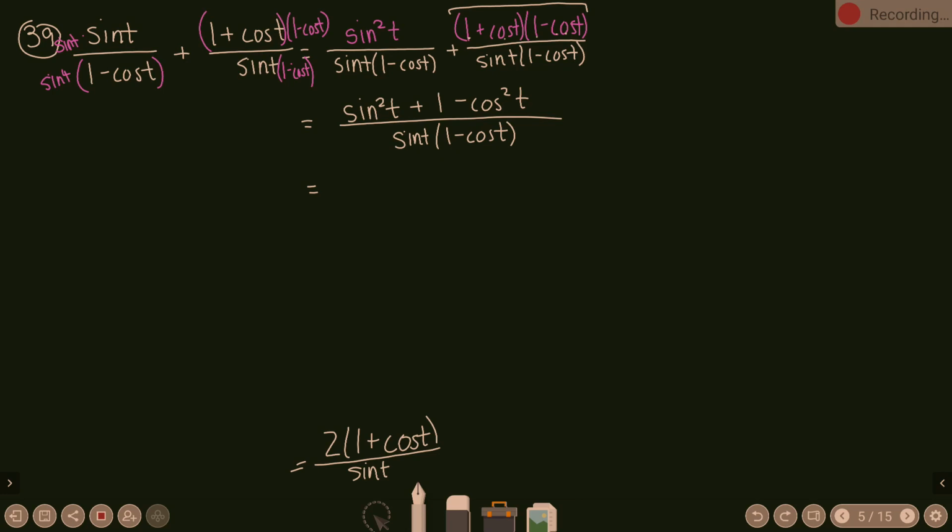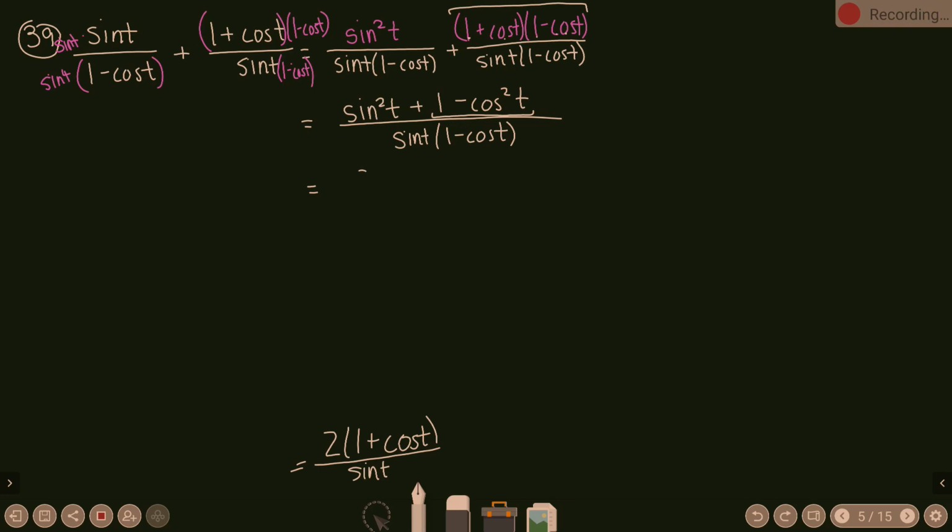There's probably two different ways we could go with this. What do you know if you think about your Pythagorean identity, instead of using sine squared and cosine squared, use the one and one of the others? The easier way to go for me is, what do you know about 1 minus cosine squared? That is sine squared, right? Sine squared plus cosine squared equals 1. So if you subtract over cosine squared, that's sine squared.